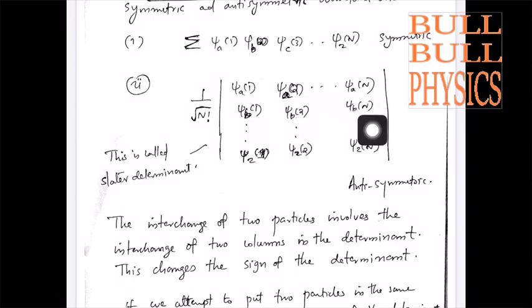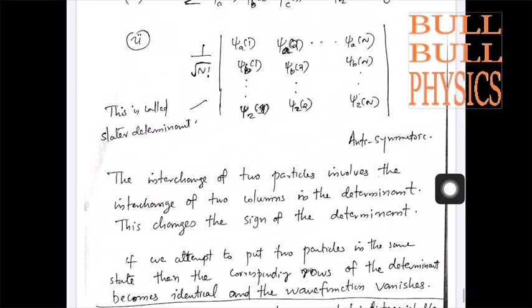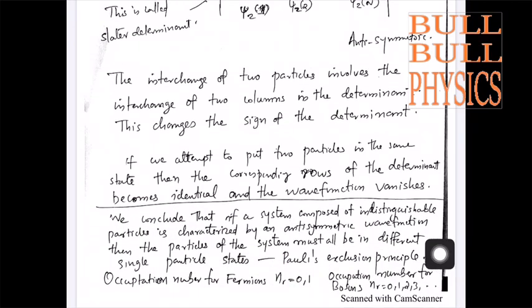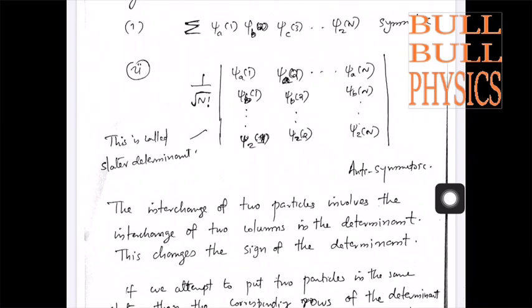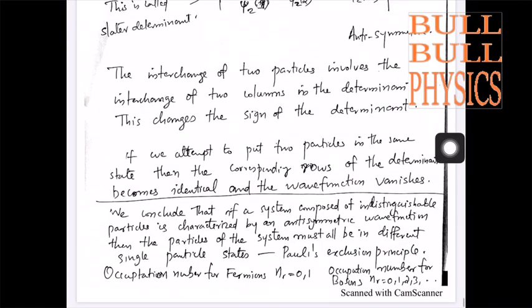and the rows are psi a1, psi a2, ..., psi aN; psi b1, psi b2, ..., psi bN; up to psi z1, psi z2, ..., psi zN. And if two particles are in the same state, as we saw earlier, their corresponding rows will be identical.